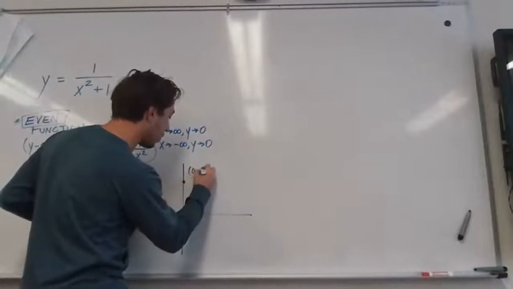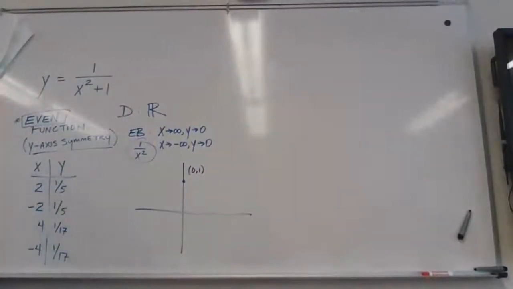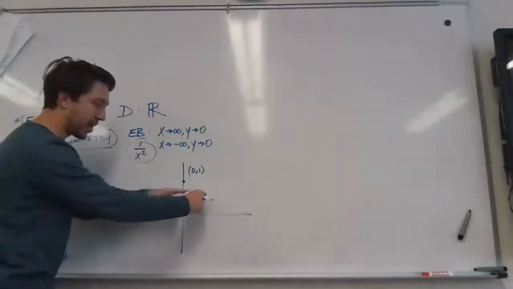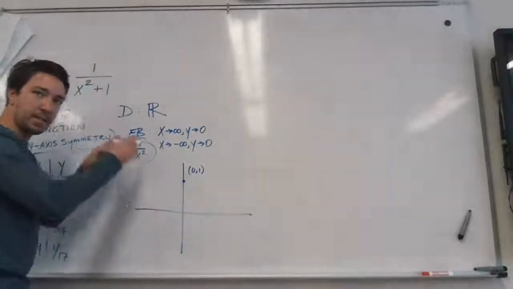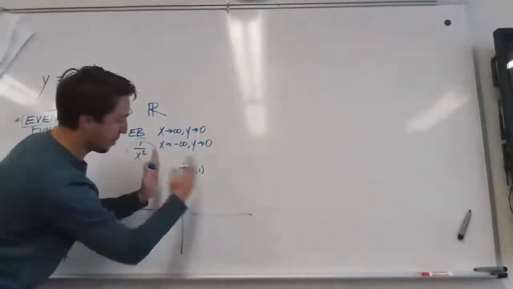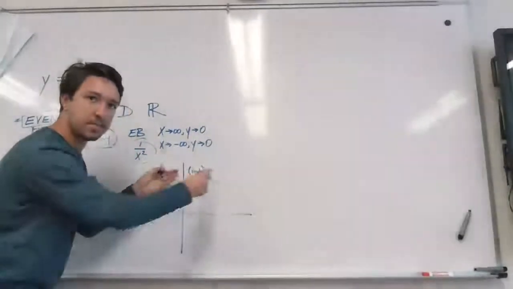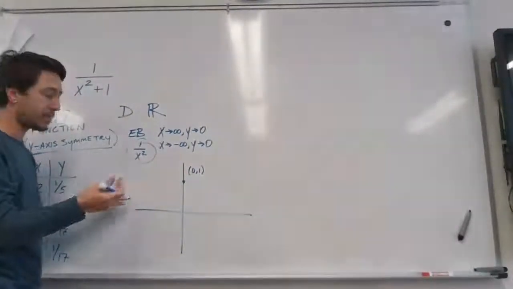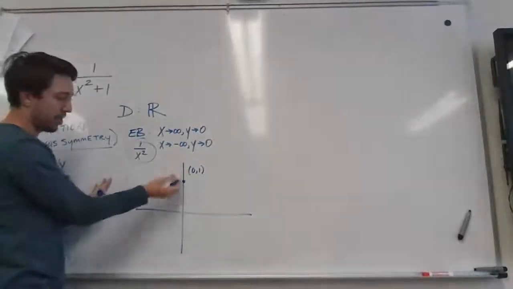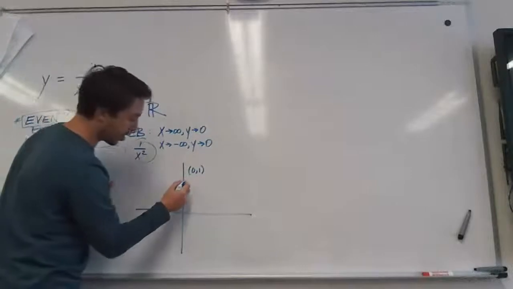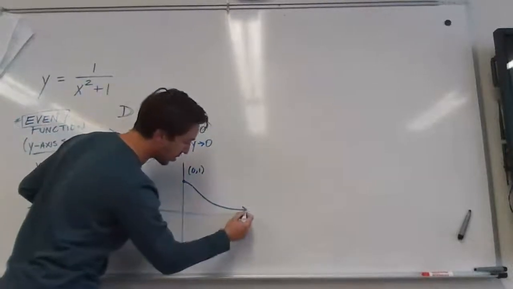So that's the point (0, 1). And when you go to graph these, symmetry is really helpful, because if every point has its best buddy on the left side, it'll be symmetrical, as if I folded the paper along the y-axis, the function would fold onto itself. So if I start here and go to 0, that's going to look something like this.